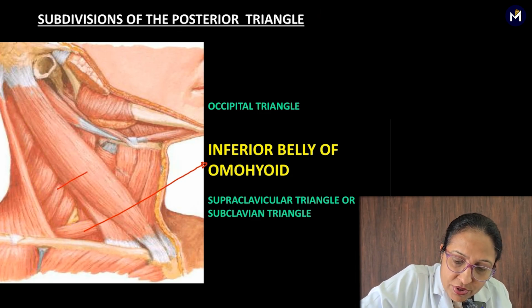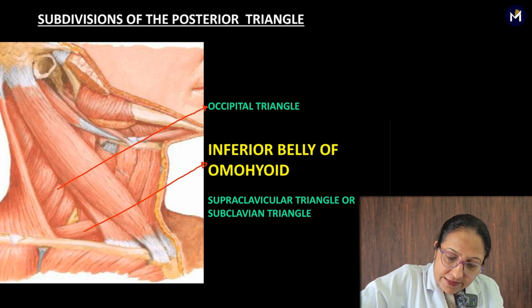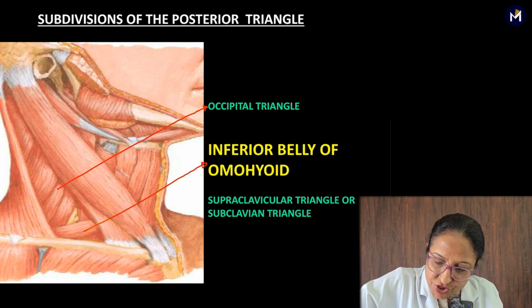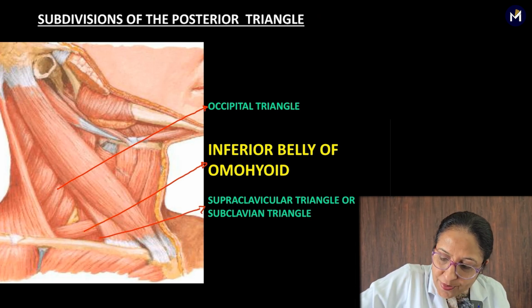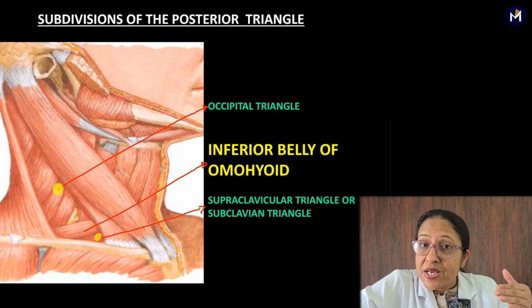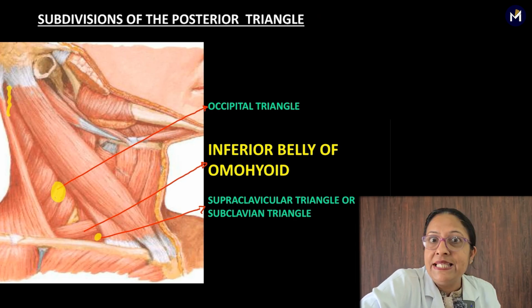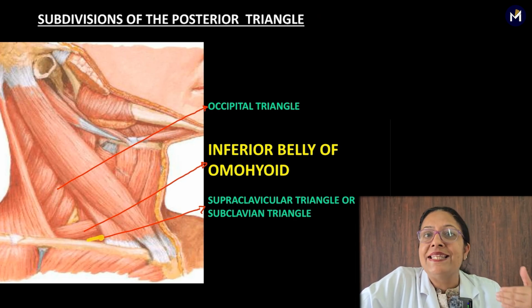So this whole triangle is occipital triangle, and this small one is the subclavian or supraclavicular triangle below. The names are because of the presence of occipital artery in this triangle and subclavian artery in this triangle.